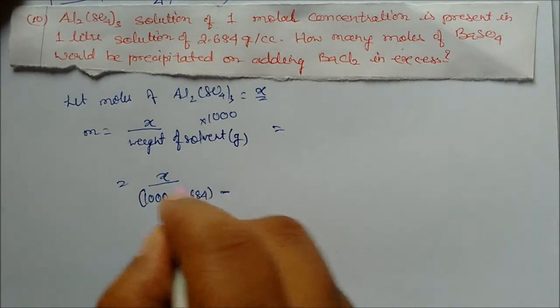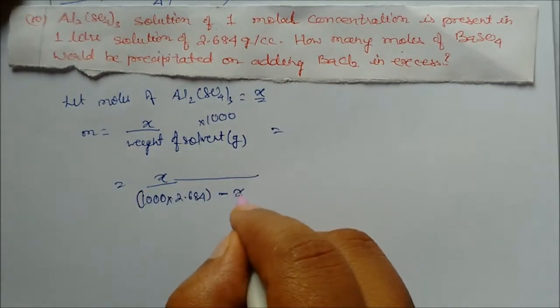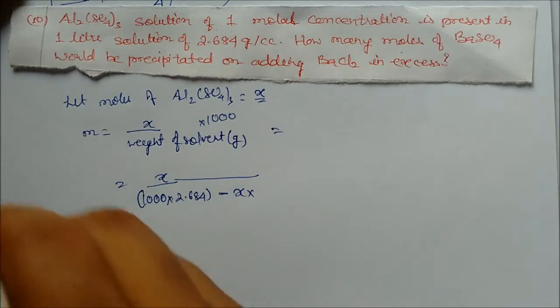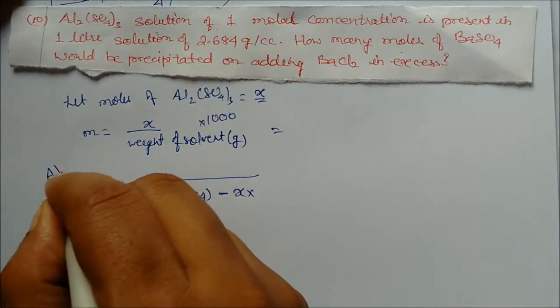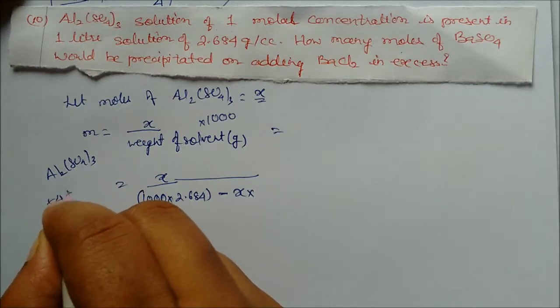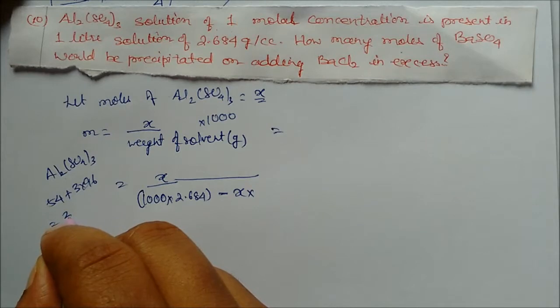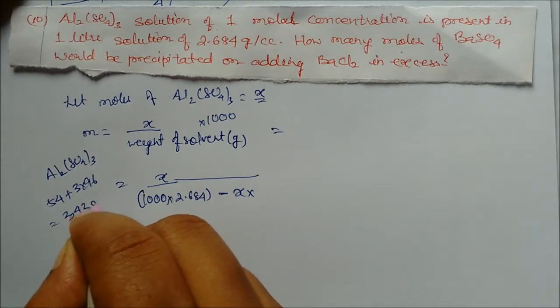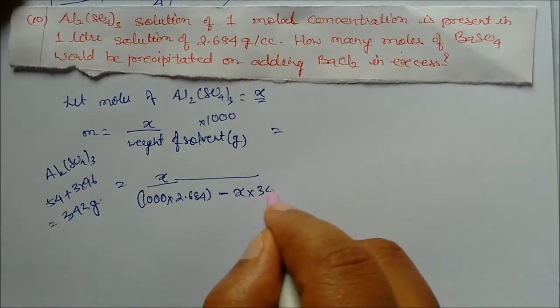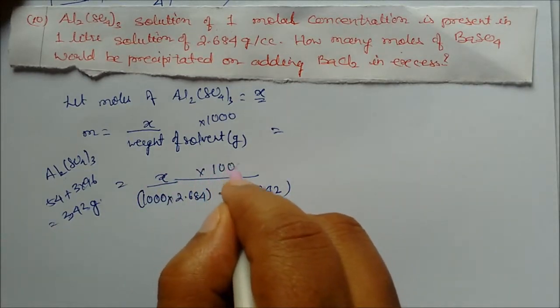And again the weight of the solute will be moles into molar mass. So molar mass of Al2(SO4)3 if you solve it, becomes 54 plus 3 into 96. So you will get 342 gram. Okay, so this will be your 342 gram weight of the solid, and into 1000.